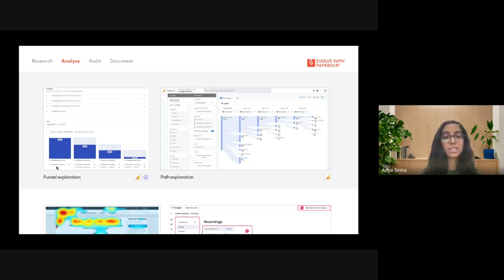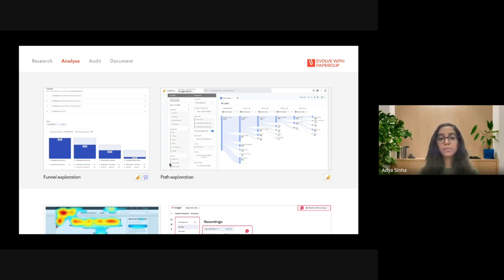So it helps us understand the conversion and drop-off at each stage, as well as the overall conversion rate for different processes that we look into. And funnel exploration, again, you can find in Google Analytics and Jule.